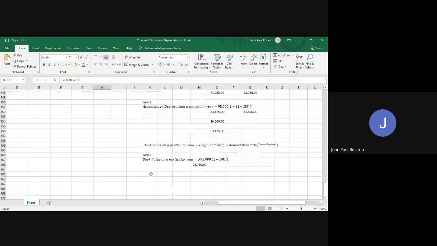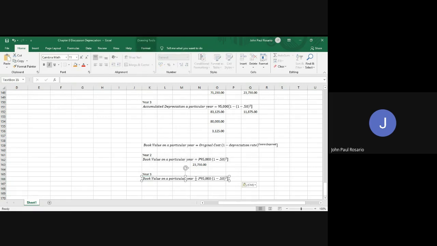How about on year 3? Year 3, so this will become 3. So copy this. It's 11,875, and again, we know that our residual value is 15,000, so we adjust it to 15,000.